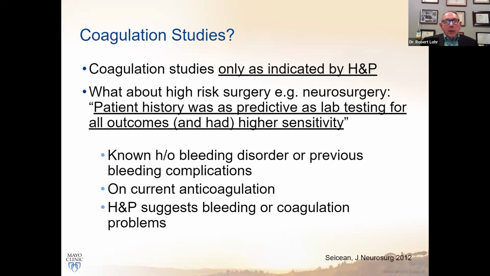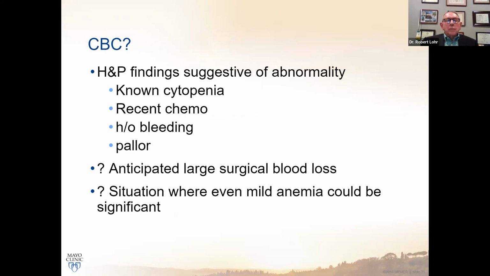And it is very common, particularly for ear, nose, and throat operations, some orthopedic operations, some neurosurgical operations, that you'll be asked to do coags, but indeed it ought to be dictated by your evaluation.